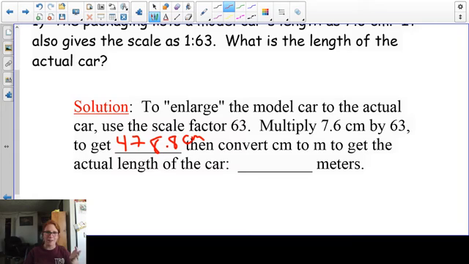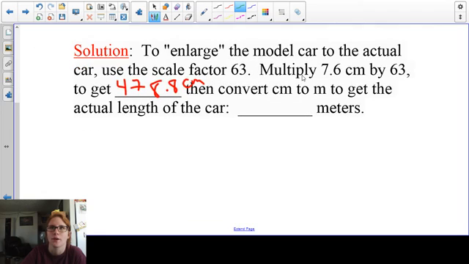So we need to figure out how many centimeters are in a meter. Think of the word centi and the word century. Century kind of has the centi beginning. So how many years are in a century? 100.